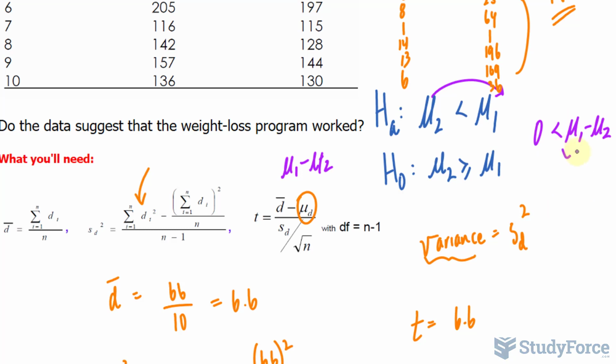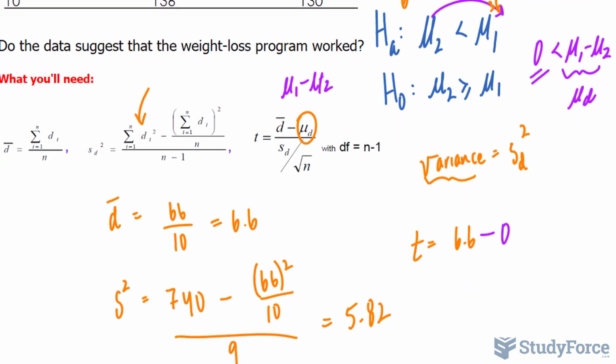And that is mu d. So we'll replace this with 0 because it's 0. Over, now the standard deviation, which we calculated, 5.82, over the square root of n. The square root of n is the square root of 10. In case you're curious, that's also the formula for the standard error.